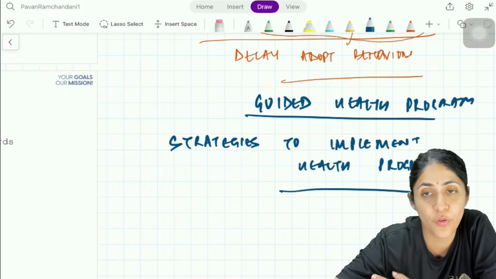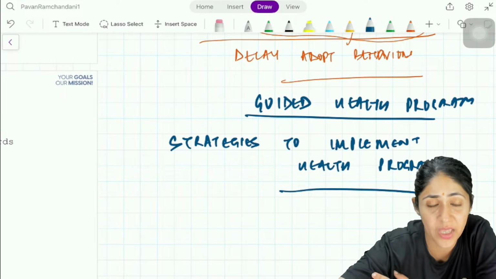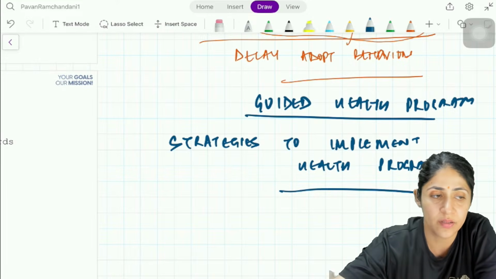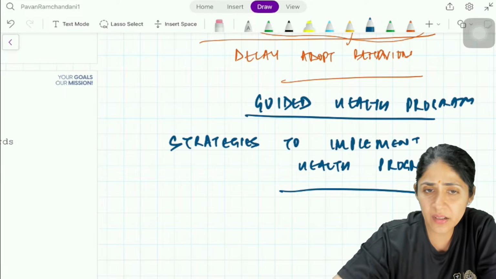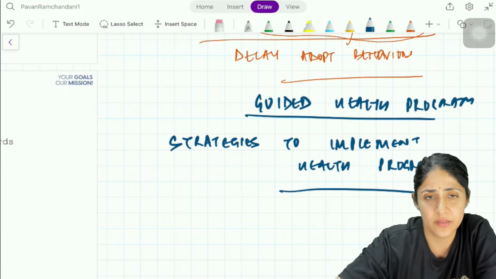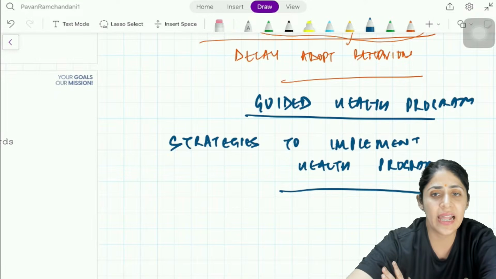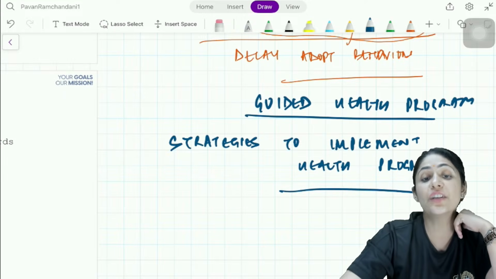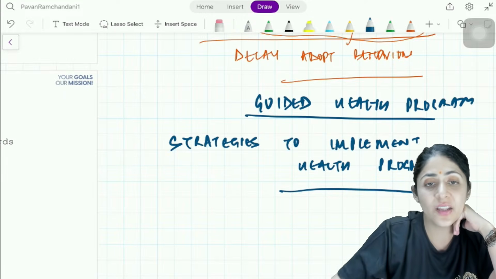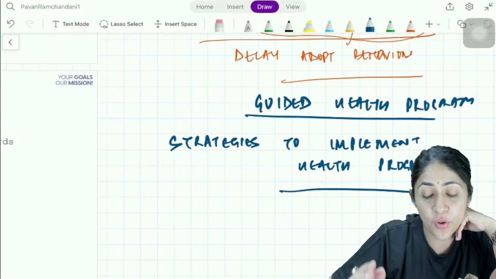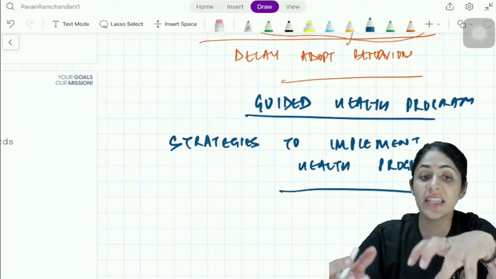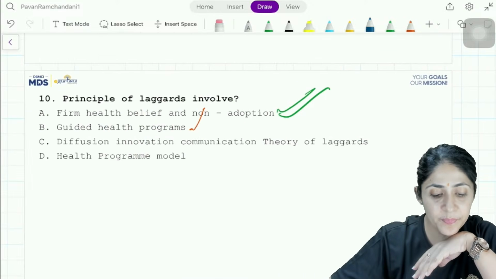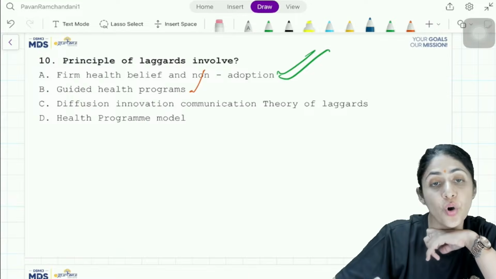They will simply follow some Ayurvedic methods, or they will think that doing some rituals would help them get over the disease, and they do not need to take the treatment. So these are all ingrained beliefs. Because their beliefs are very strong, they will not adopt. That is the principle of laggards, and this is the theory of firm health belief and non-adoption.